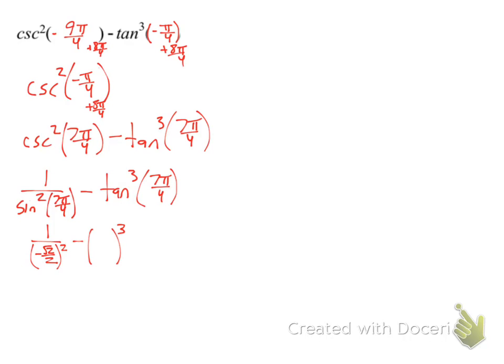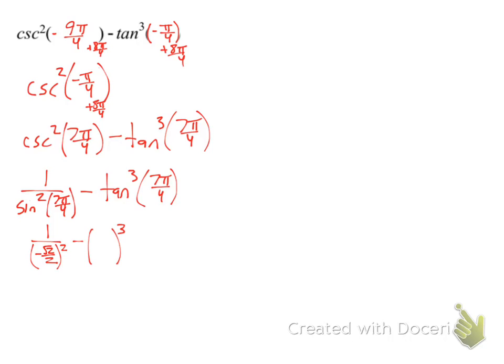I don't like tangent necessarily, because tangent's not right on my unit circle. But what is pi over 4 equivalent in degrees? It's 45. Well, wait a minute. We like tangents of 45s, because the tangent of 45, and it doesn't matter which 45, is always going to be 1.